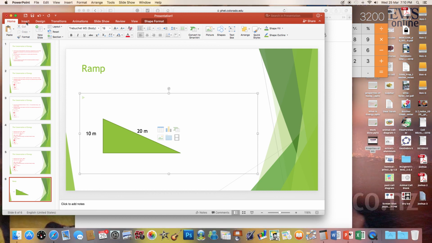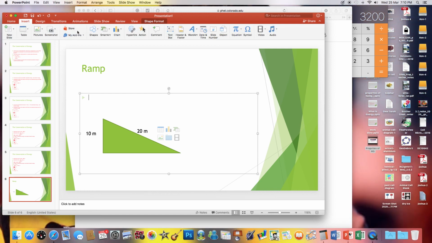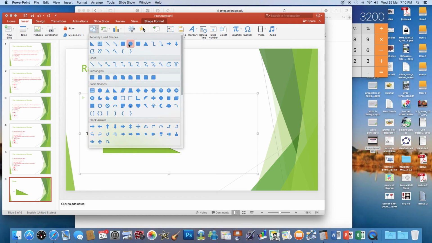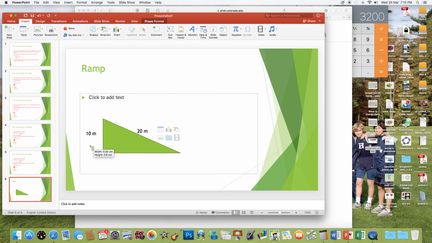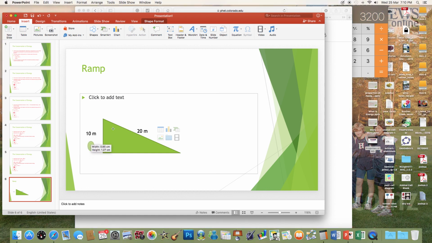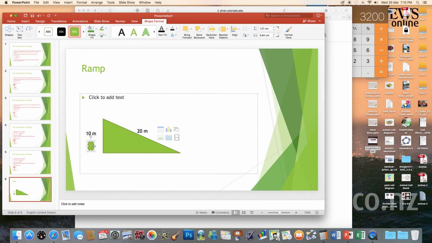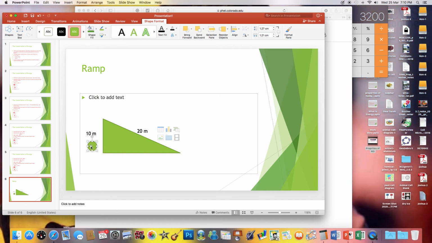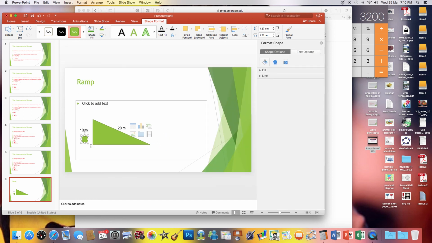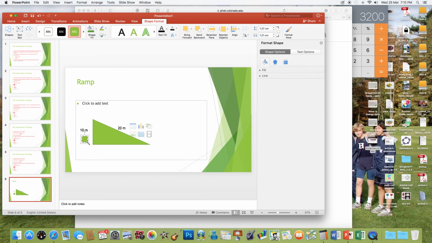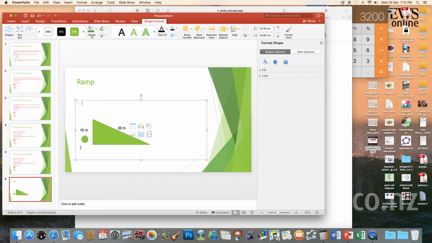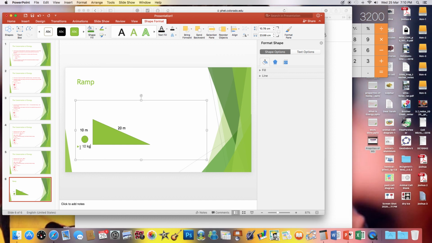Now we can put a ball in here, and this ball can be lifted from the ground up, or it can be pushed. Let's say the ball is a 10 kg ball.